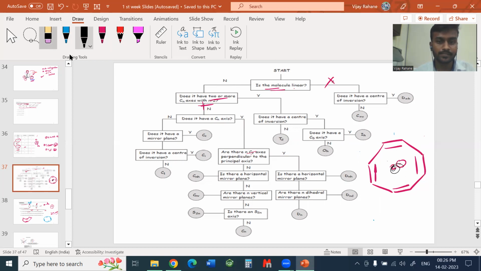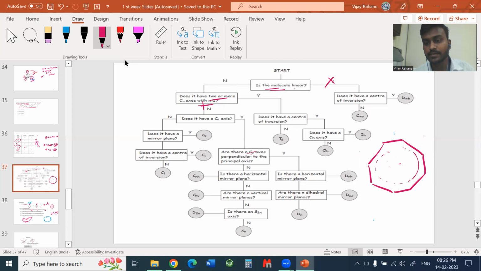Moving on, since this anion is a resonating structure now, because of this resonating structure, the molecule is entirely planar and the two negative charges belong here. For understanding, I will just withdraw this negative charge. See, here the principal axis is present, and since it has 8 centers, C8 is present here.